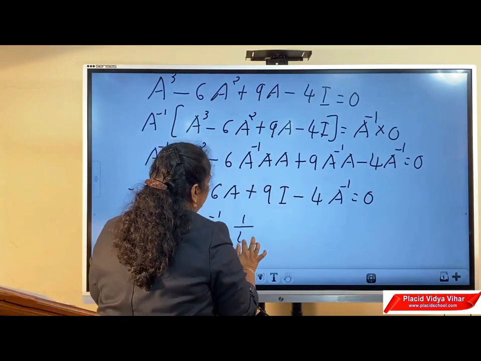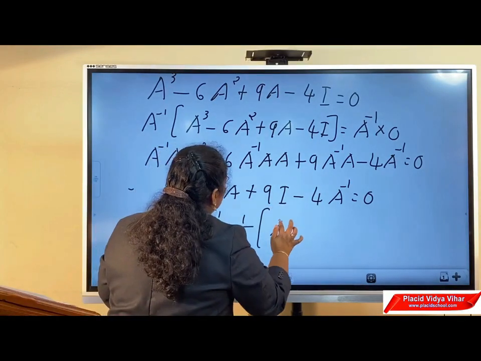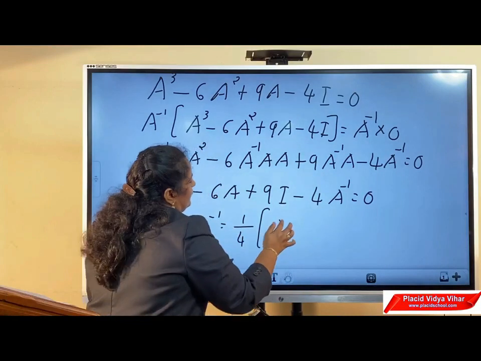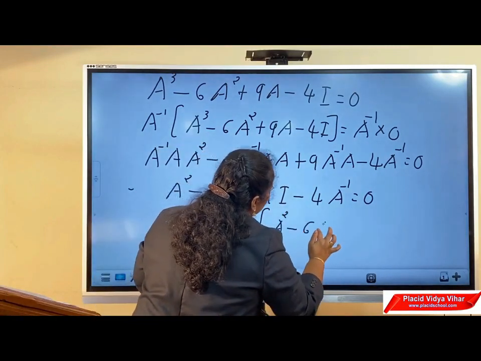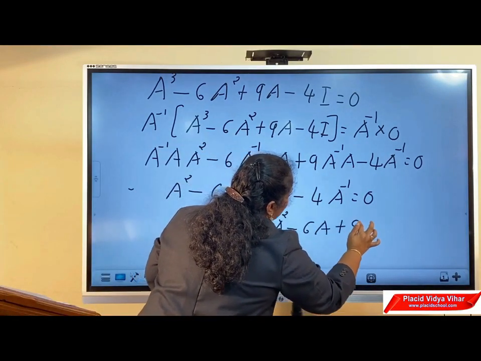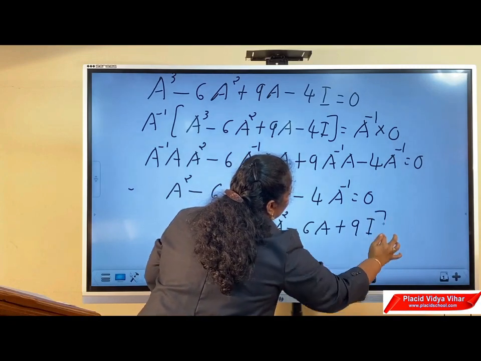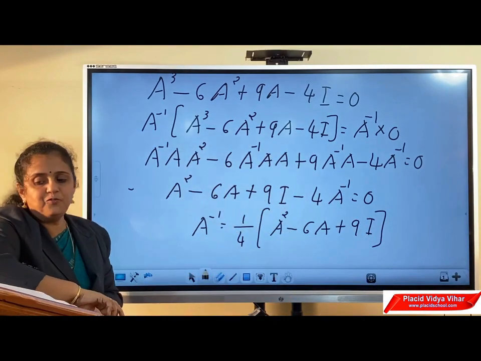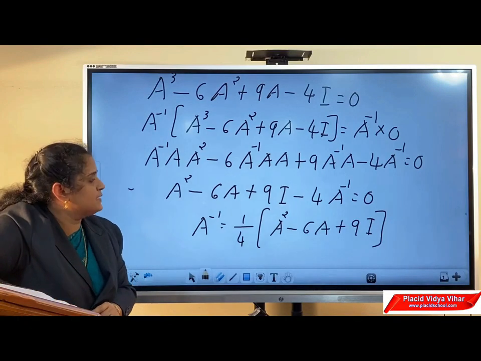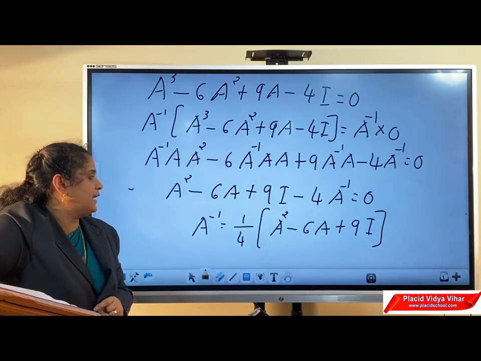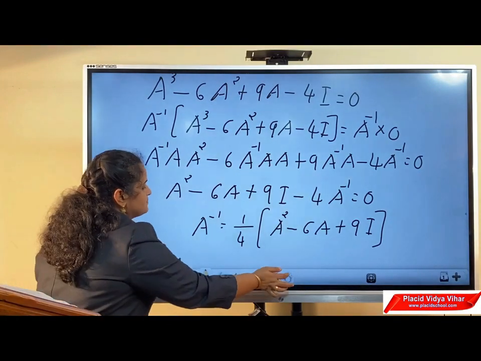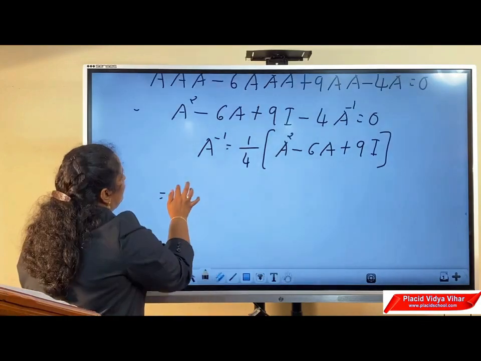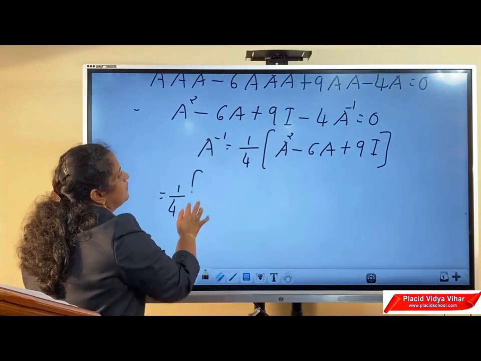1 by 4 into A square minus 6A plus 9I. Then we can find A inverse. That is 1 by 4 into A square.